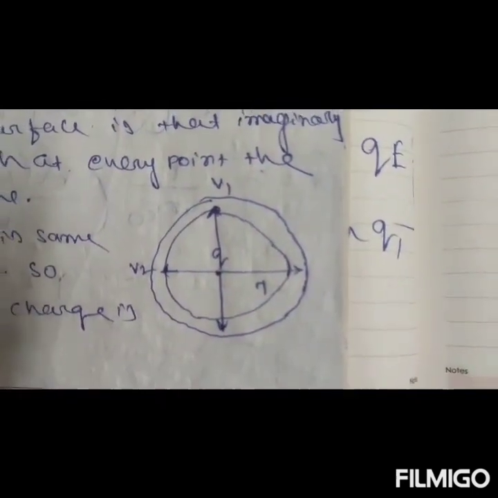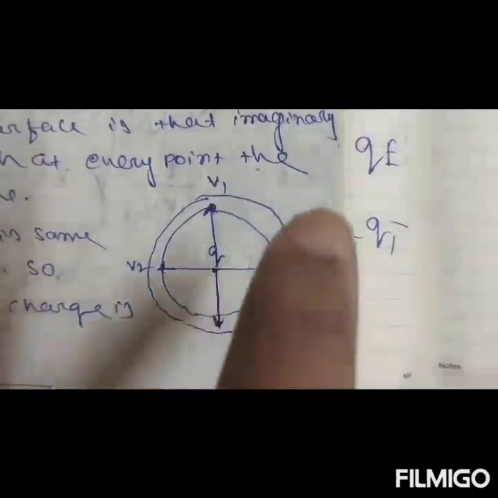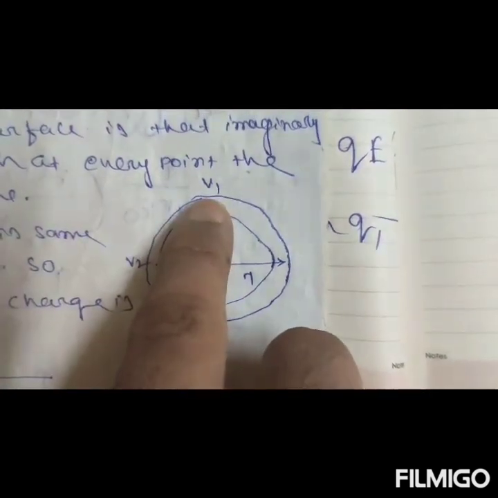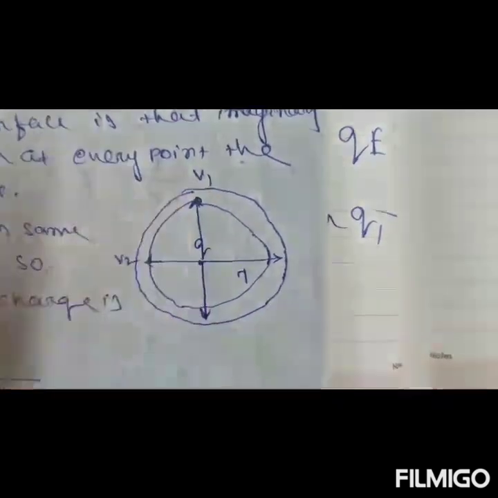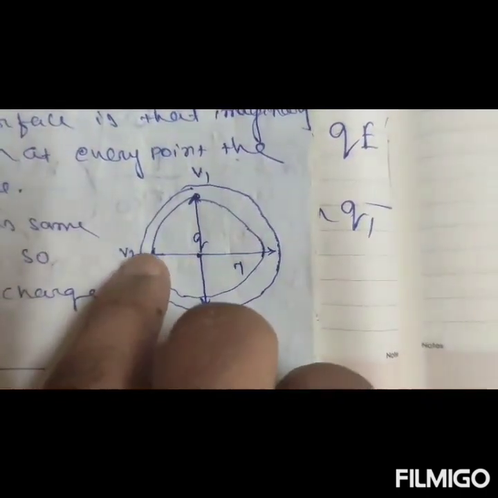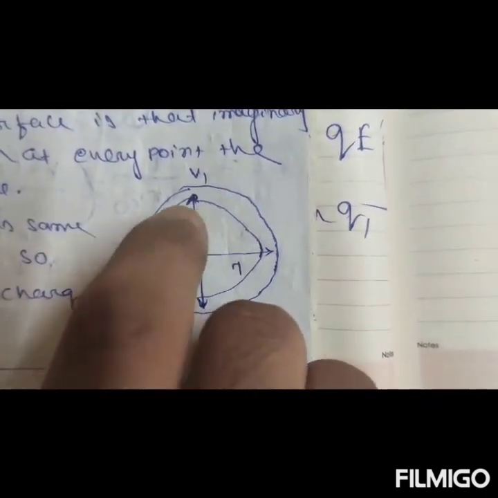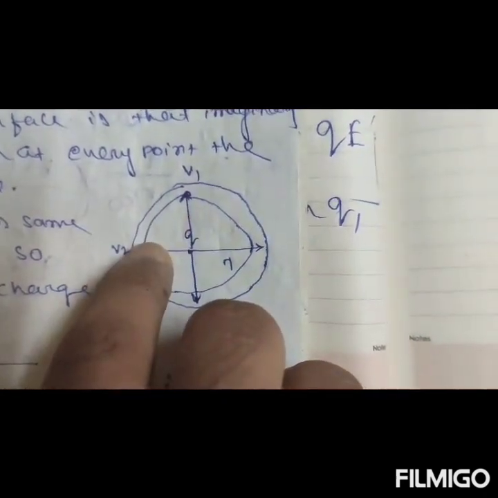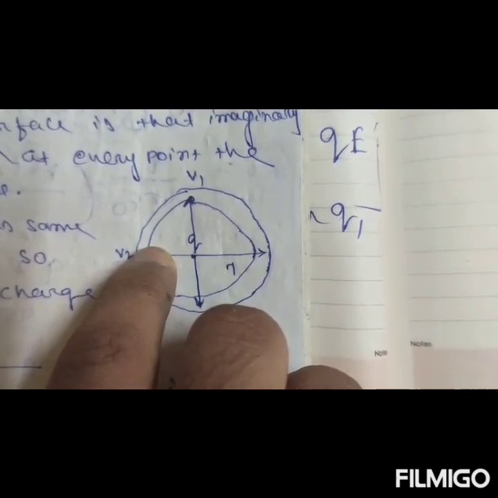Suppose this is my equipotential surface, and this is one point, suppose point A, and this is my point B. If I move one charge from this point to this point, what should be the potential difference?